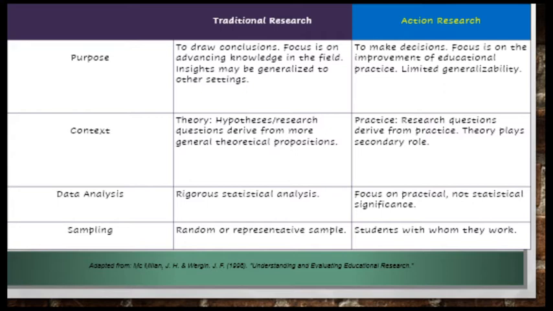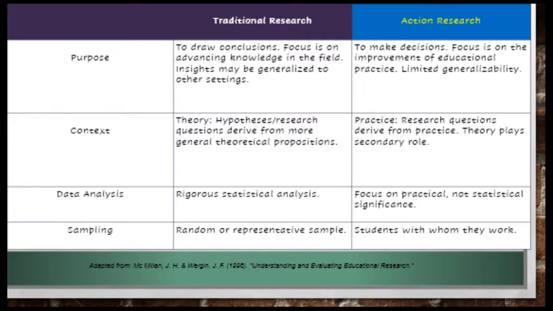Okay? Now, in terms of data analysis, traditional research has rigorous statistical analysis. Why? Because it is always using quantitative methods. In action research, it is more focused on practical and not on statistical significance.